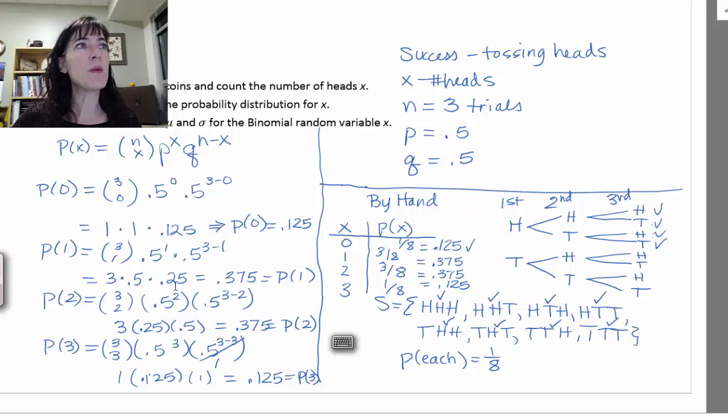So what I wanted you to see here is that using the probability distribution formula, we get the same results without having to list out all of the possible cases.